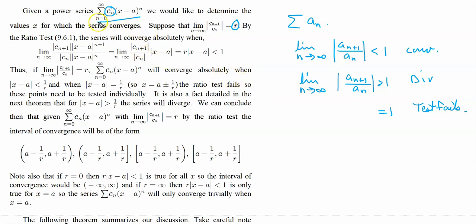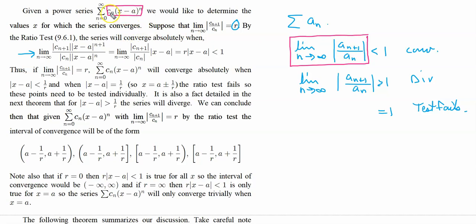Now, to determine the x values for which this converges, we apply the ratio test. So you see right here, this is actually what we have right here. You see we take this whole thing here, we put n plus 1 in for the n's, so that's in the numerator. That's just like the a_(n+1) over here.